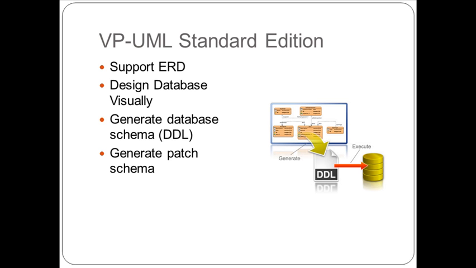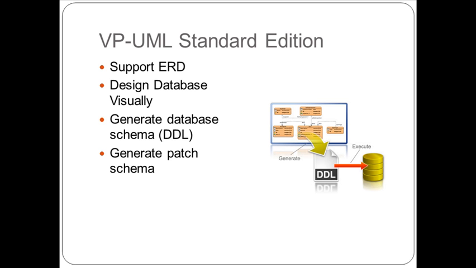Instead of generating the whole database every time, Visual Paradigm UML standard edition can also generate a patch. The patch means if you already have a production database with 100 tables, and now you want to add a few columns or some relationships between these tables and columns, you can draw on the diagrams, and then Visual Paradigm will generate the patch script for you.